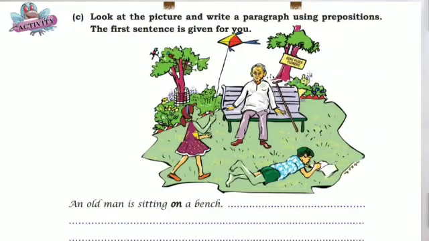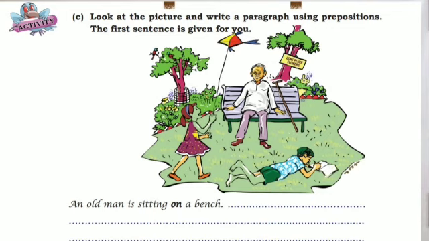After that, you can see a picture in your textbook. An old man is sitting on a bench and two kids are also there. What are the things you can see in that picture? You want to write a description or a paragraph using prepositions.